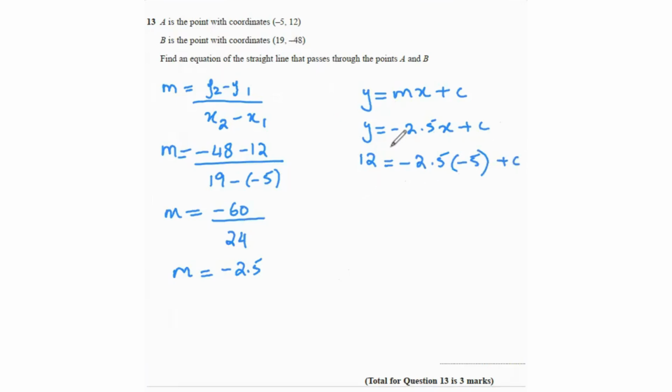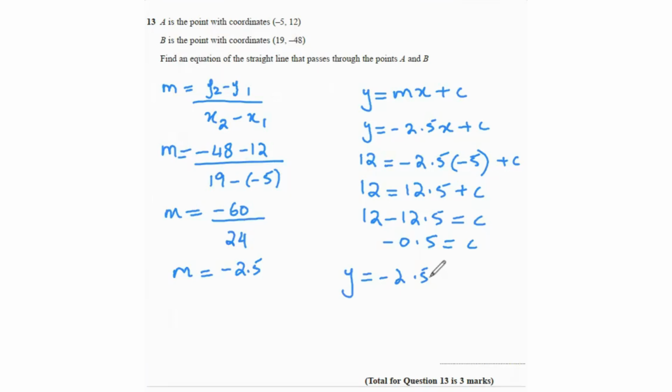So 5 times 2.5 is going to give us 12.5. So 12 equals 12.5 plus c. Subtract the 12.5. -0.5 is c. So y equals -2.5x minus 0.5.